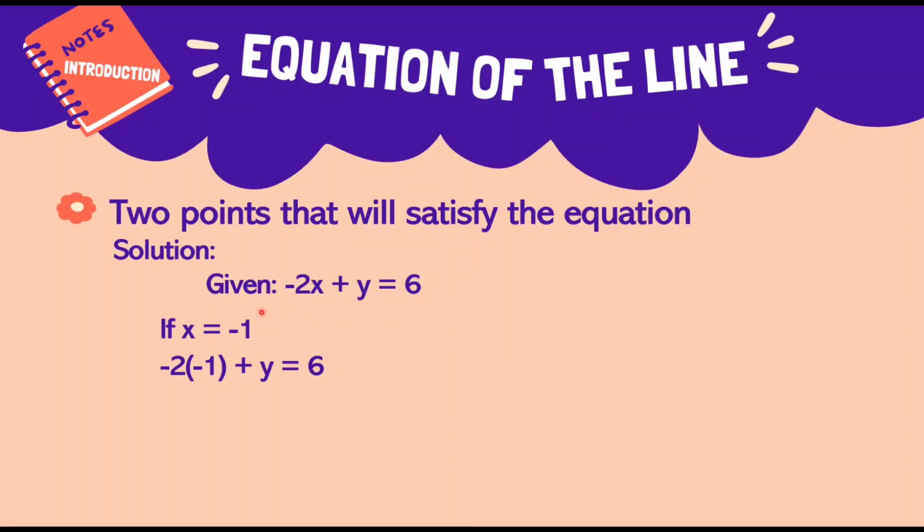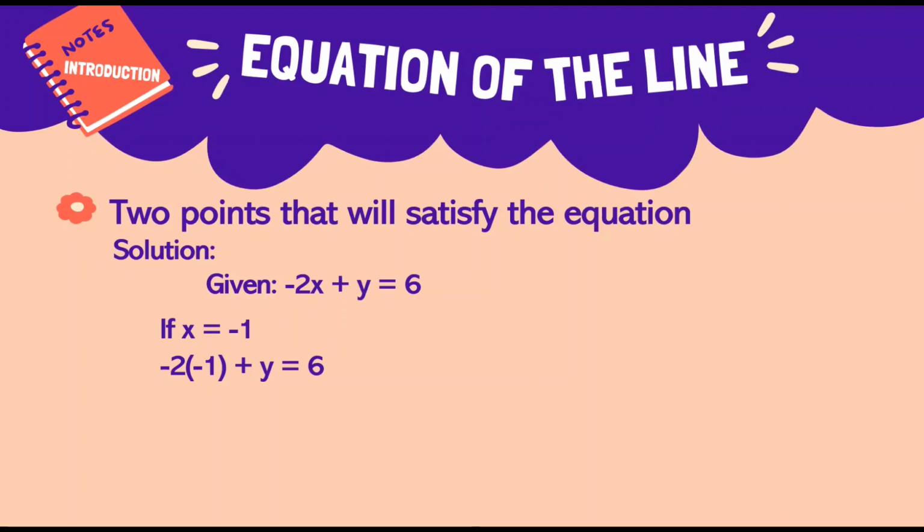So as you can see, we have negative 2 times negative 1 plus y is equal to 6. So from our original equation, we just substitute negative 1 to our x. So it becomes negative 2 times negative 1 plus y is equal to 6. Next process.